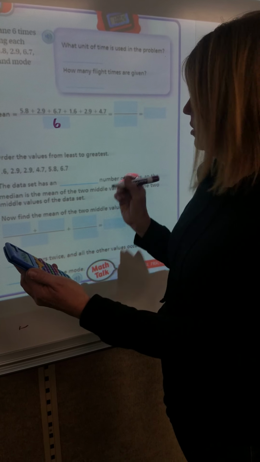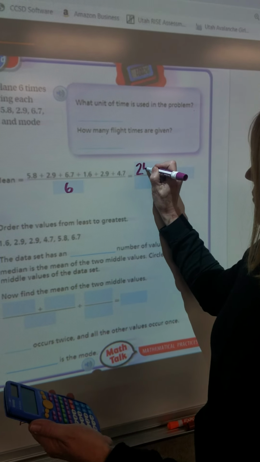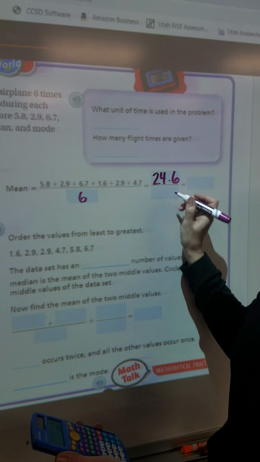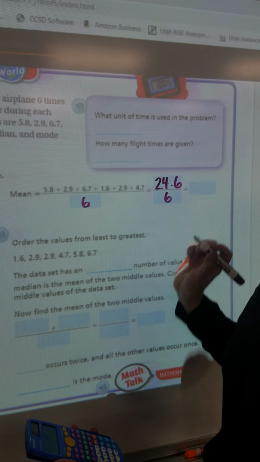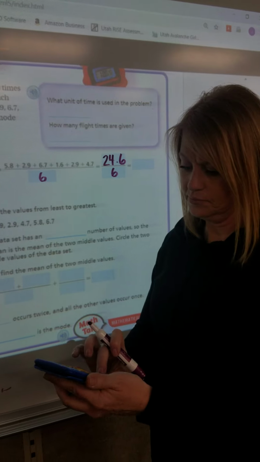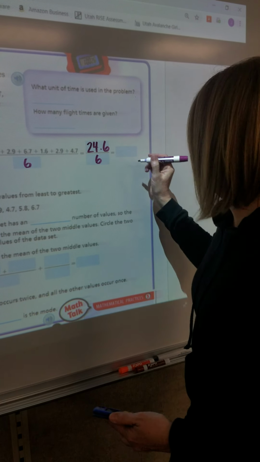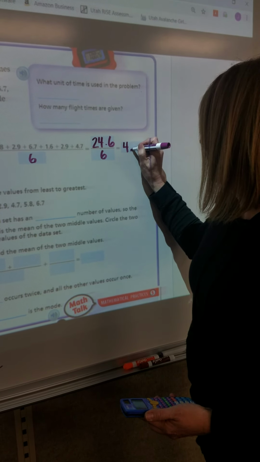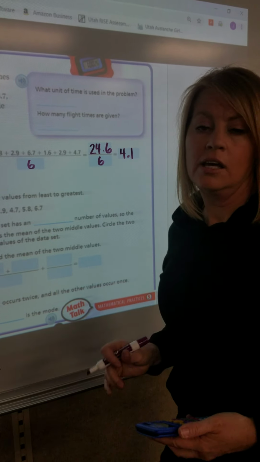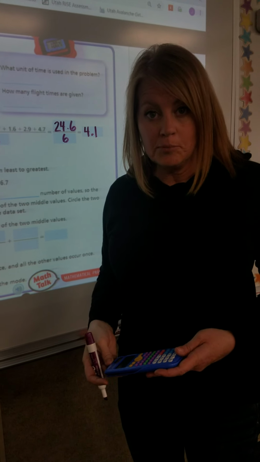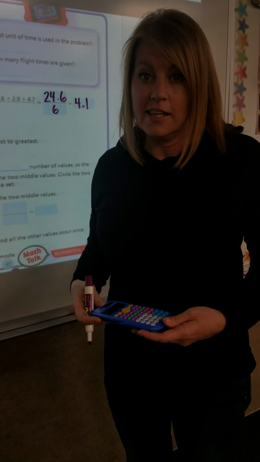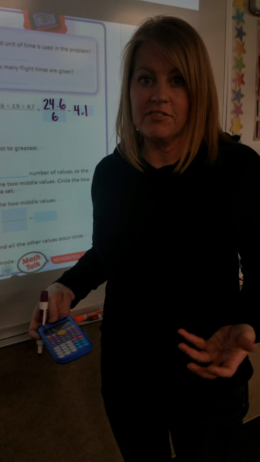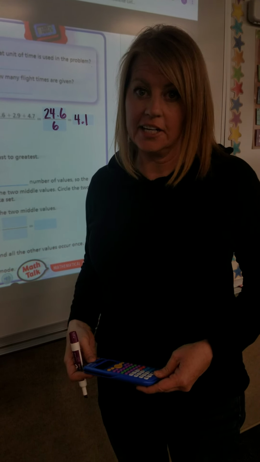All of that equals 24 6/10, divided by 6, which is 4 1/10.